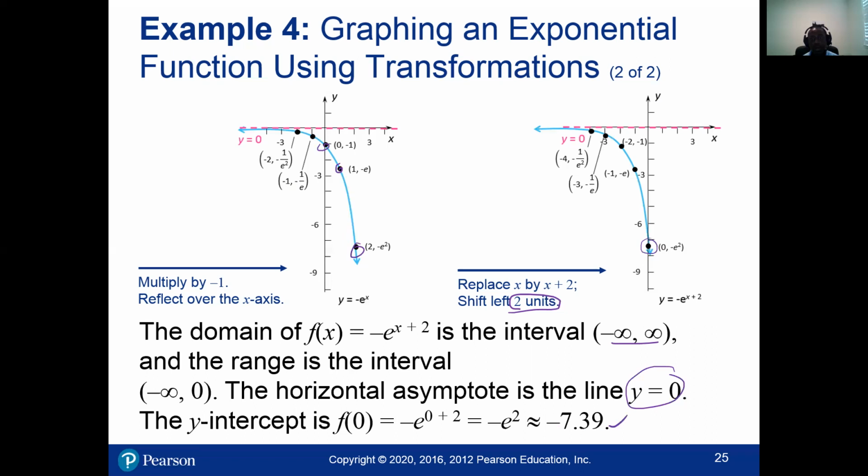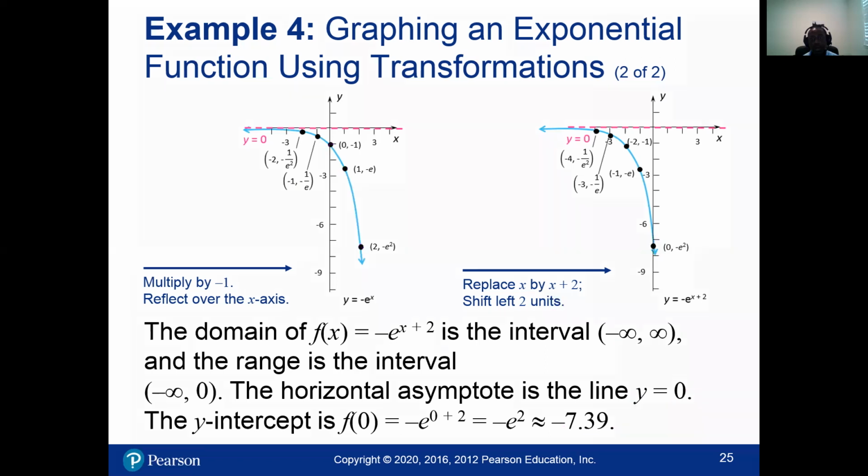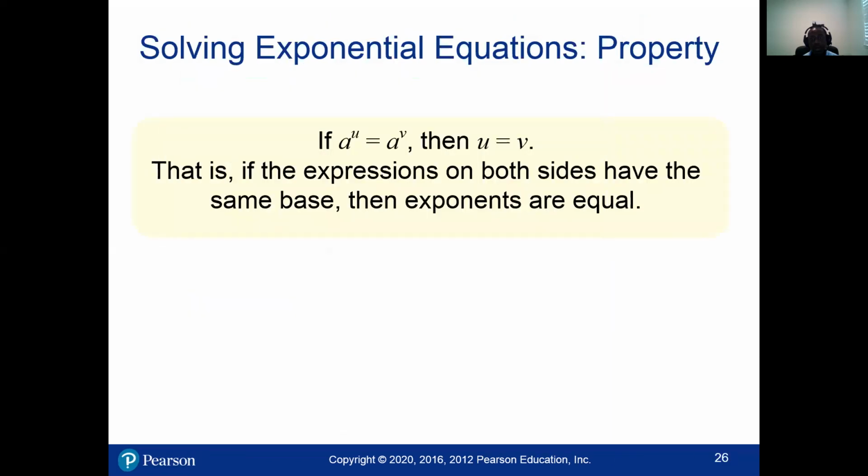So that's negative e raised to 2, which gives us about -7.339. Very good.